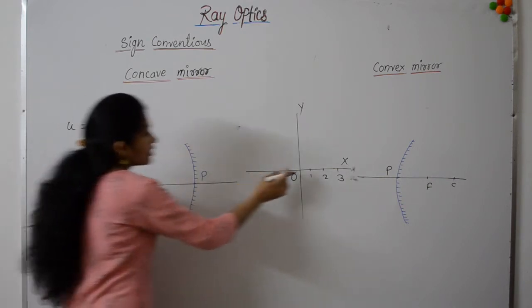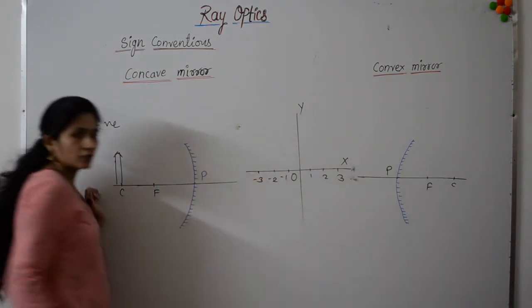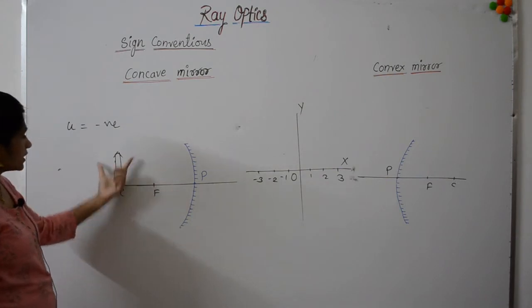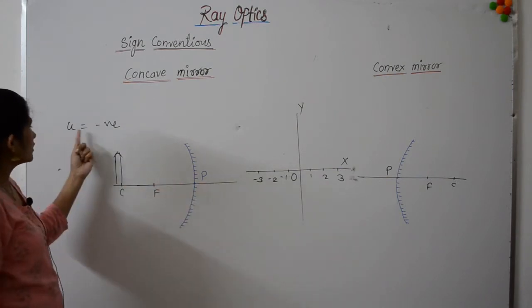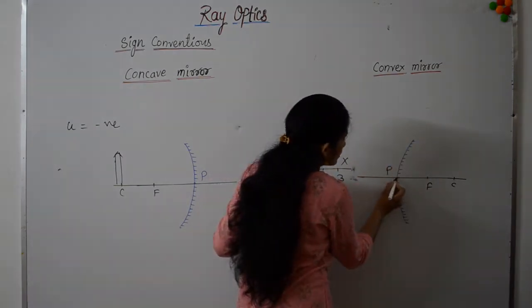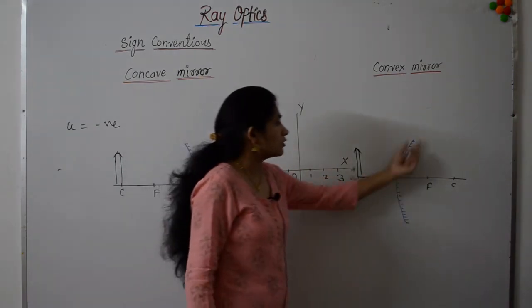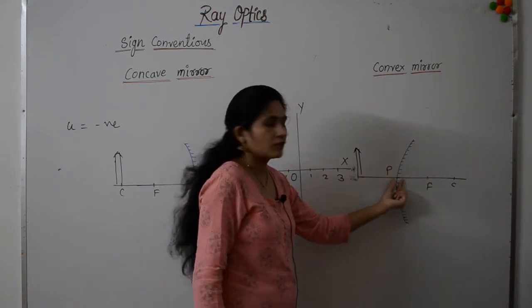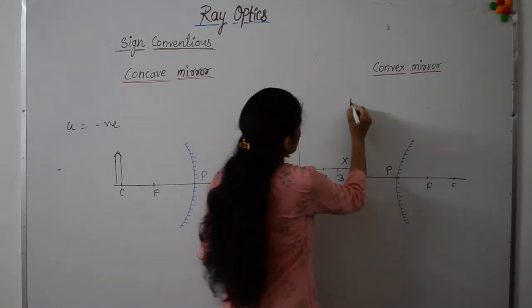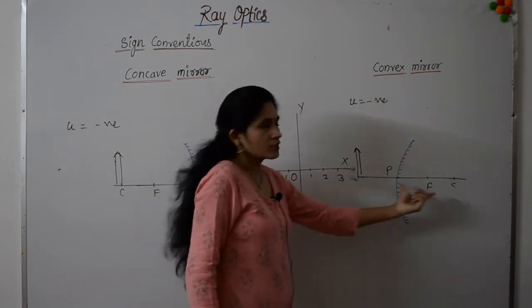Therefore, it is negative because on the left of O we have negative numbers. Therefore, when the object is on the left side of P, we have to take object distance negative. In case of convex mirror also, object is always kept on the left side of this mirror, means on the left of P. Therefore, object distance is negative for convex mirror as well.